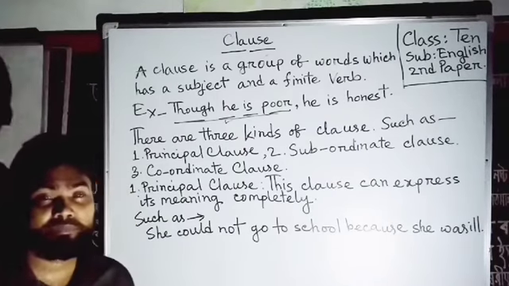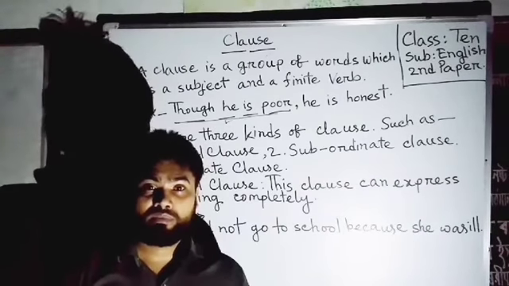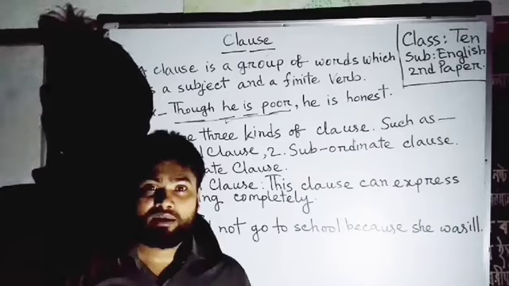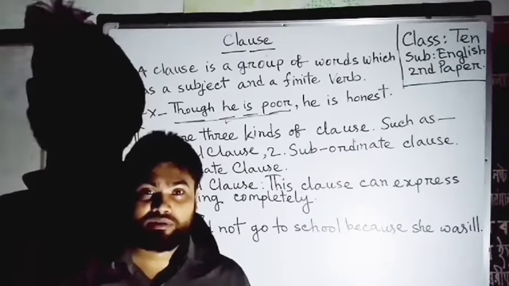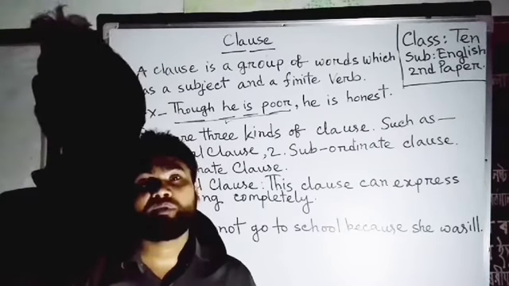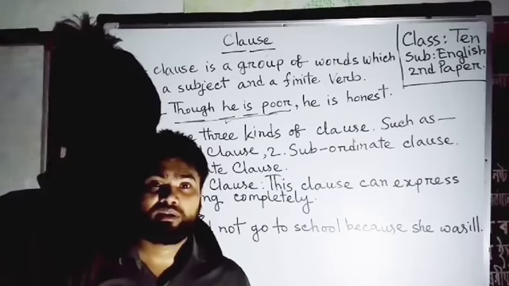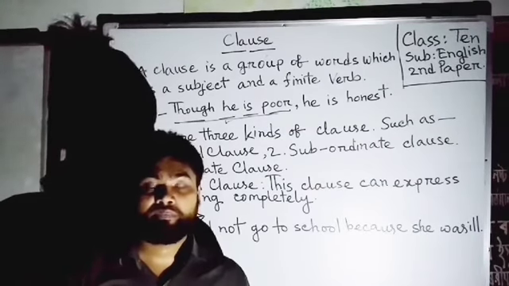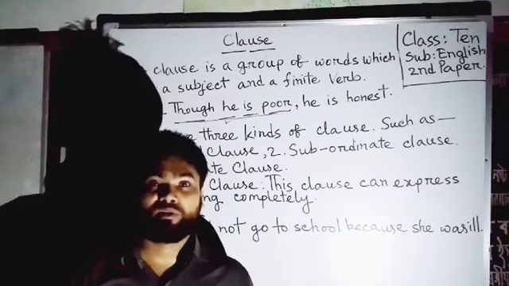So we can say, to say a part of a sentence as a clause, it should have a subject and a finite verb. Without a subject and finite verb, you can say any part of a sentence, not a clause.